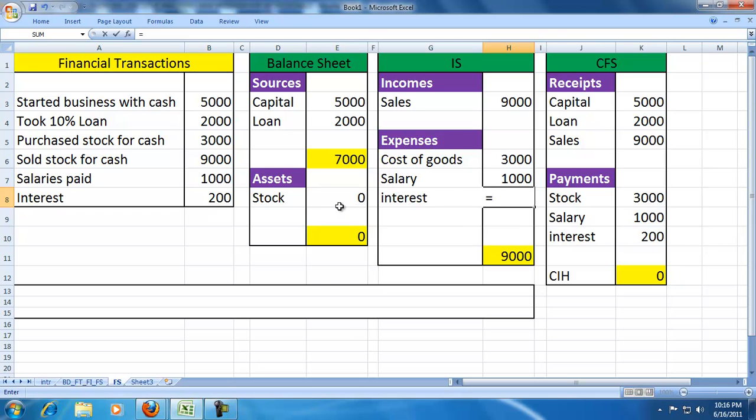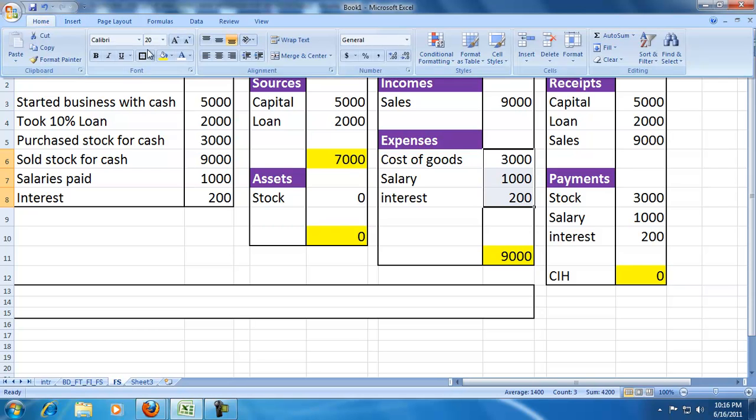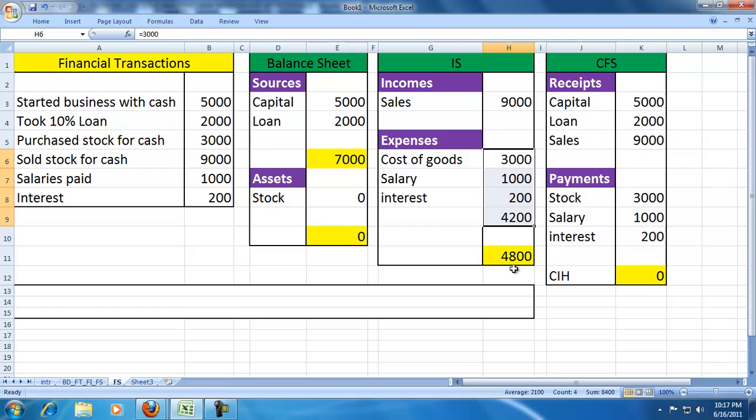So every item has been transferred. After this, what do we want to find out? Profit. We take the summation of all the expenses, 4,200, and the profit is 4,800.